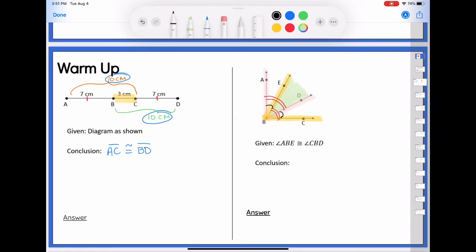So if I said that this was 5 degrees and this was 5 degrees and that middle part in there was 20 degrees, well then I would have 25 degrees and 25 degrees, right? But I don't even need all those numbers. You can just kind of think of it, well, if I'm adding that same exact angle to two congruent angles, then those sums, the bigger ones must be congruent as well, right? So angle ABD would be congruent to angle EBC.